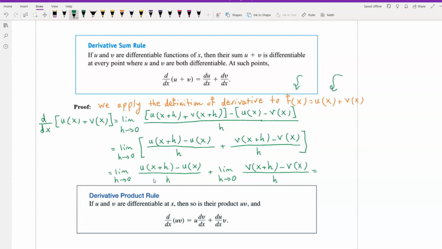And that means here we have, for the first part, derivative of u with respect to x plus derivative of v with respect to x, and that is for v. So this way we proved what we had here on top.